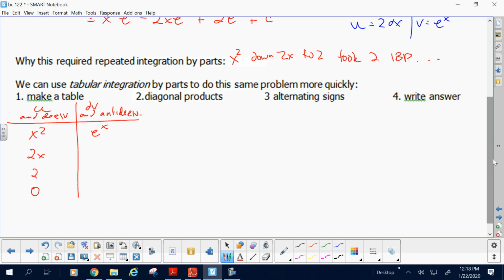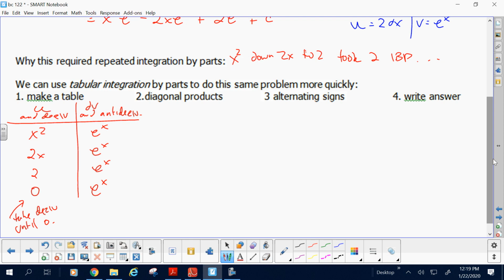Now keep taking derivatives until you get to 0. Okay? Derivatives until 0. Antiderivatives of e to the x are e to the x, e to the x, and e to the x. You continue that side until it's even with the other first column.